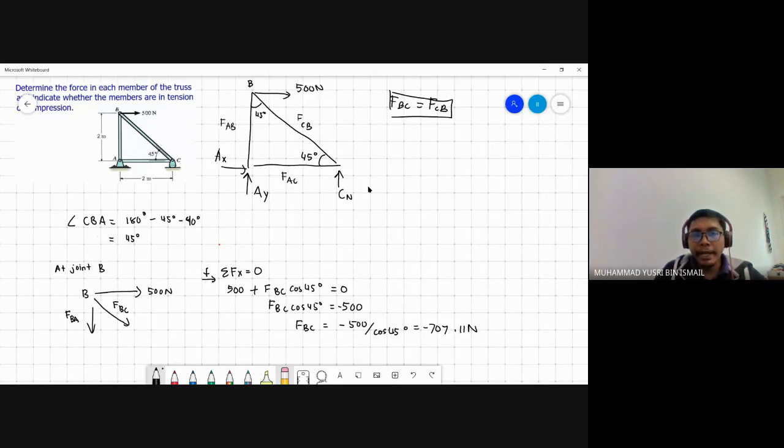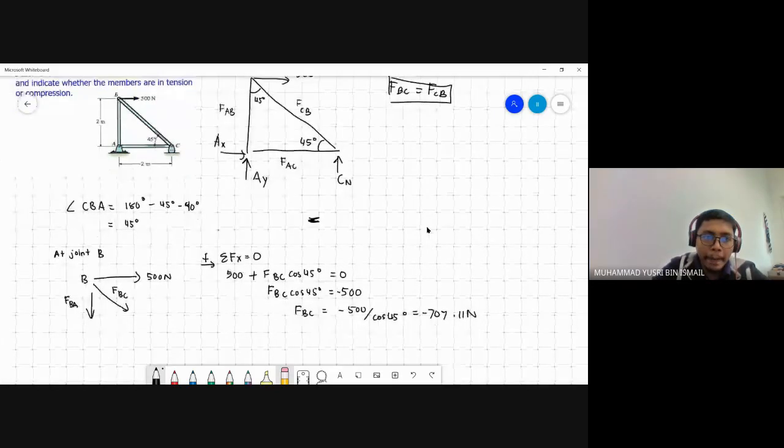By changing the direction according to your answer, you will have the correct direction. So if you get negative, don't worry, it's not wrong. It's just that the answer is in the opposite direction. I will show you in this calculation.